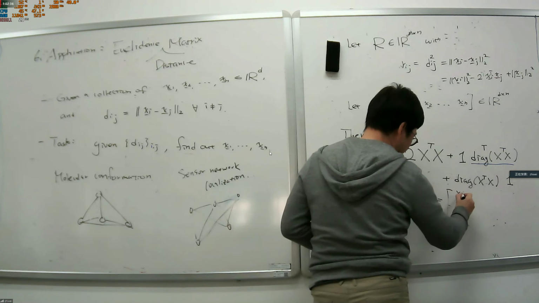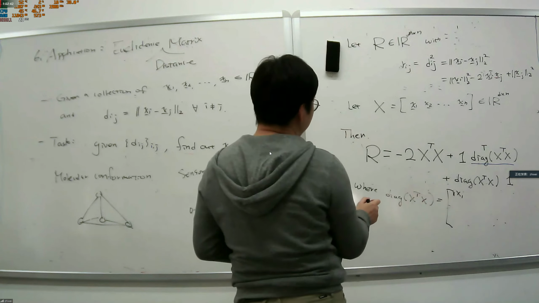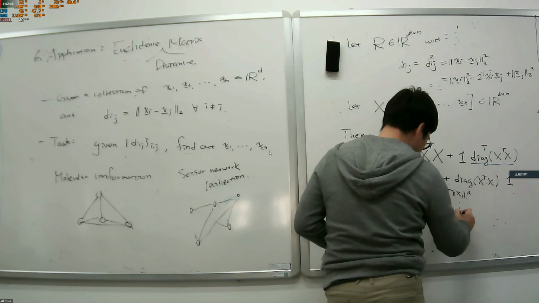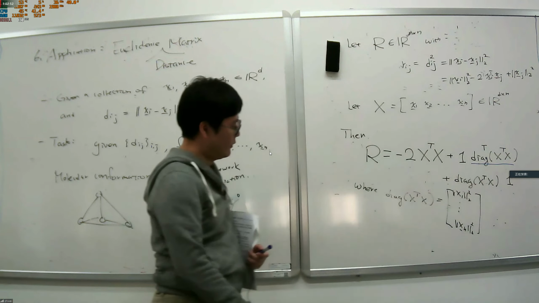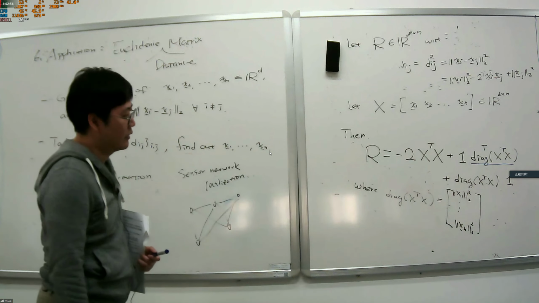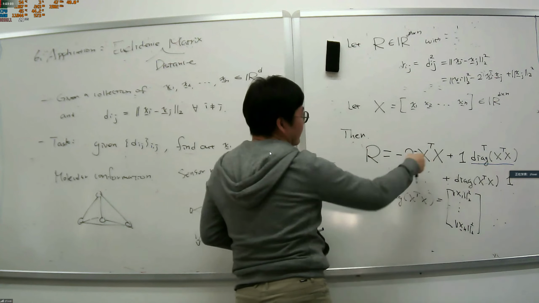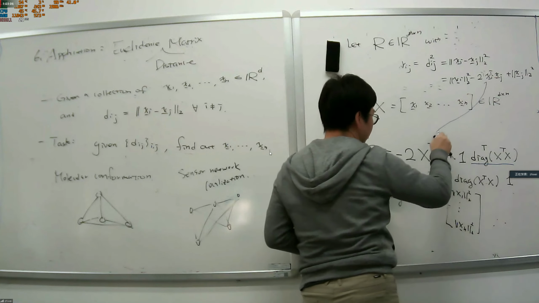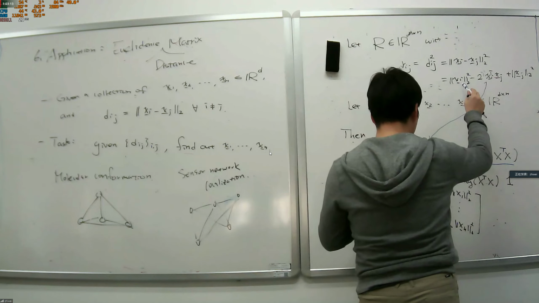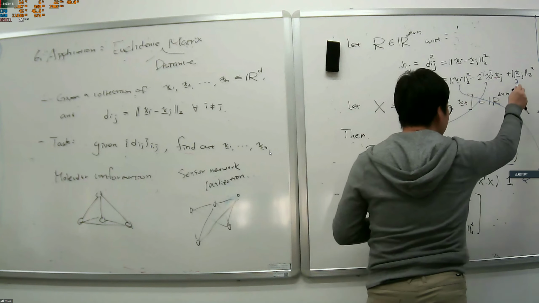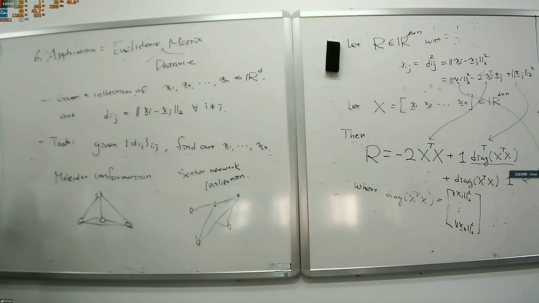So this is the vector of squared norms of x1 to xn. Then based on this, you construct the R, and you can find this corresponds to this one, and this one will correspond to this one, when you put Rij into a whole matrix.